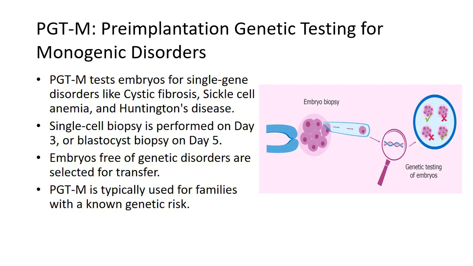These are inherited diseases caused by mutations in a single gene, such as cystic fibrosis, sickle cell anemia, Tay-Sachs disease, and Huntington's disease. PGT-M is performed when one or both parents are known carriers of a genetic disorder or have a family history of a specific condition.